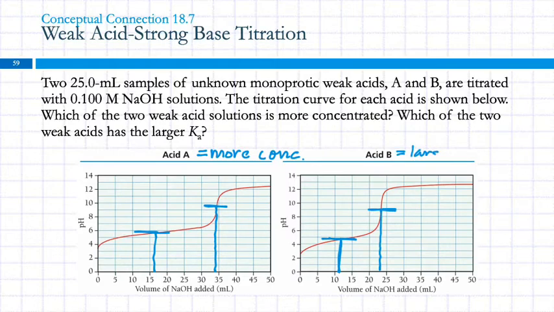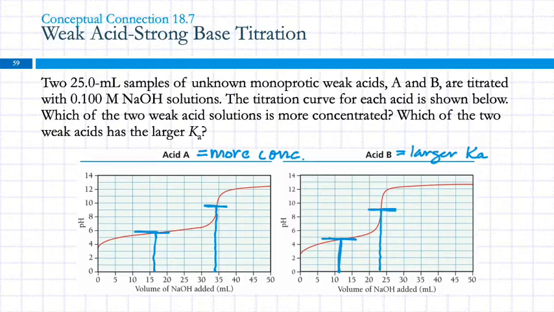A stronger acid will have a larger Ka. I thought you said this one was more concentrated. It is. Concentration and strength are not related.